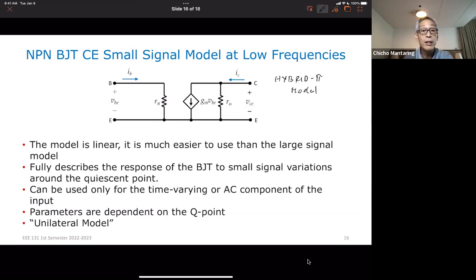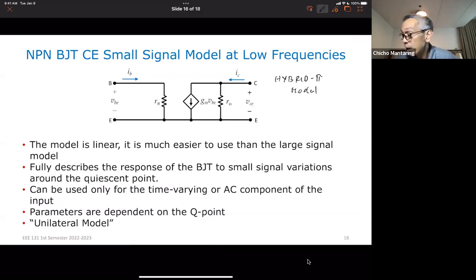So that is your transistor model. We developed this model for the common emitter configuration. Fortunately, you can plug in this model for the transistor even for the other configurations.